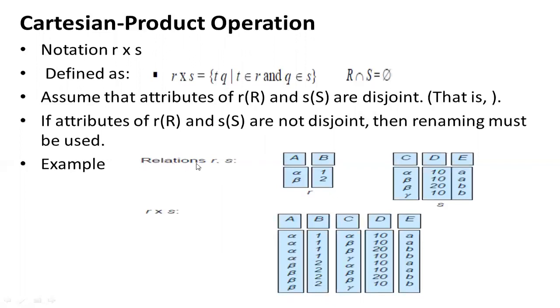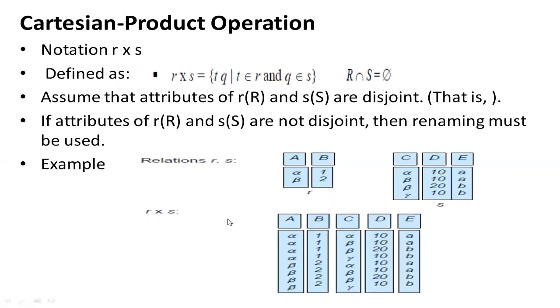Here you can see in this example the relations R and S. This is the relation R with attributes A and B, and this is another relation S with the attributes C, D, E. When you are going to perform the Cartesian product of R and S, this is the notation we use for the Cartesian product.